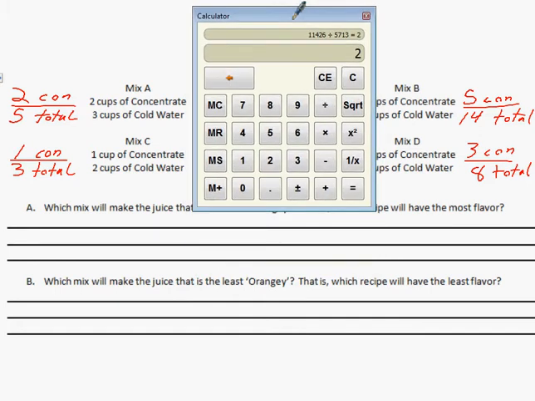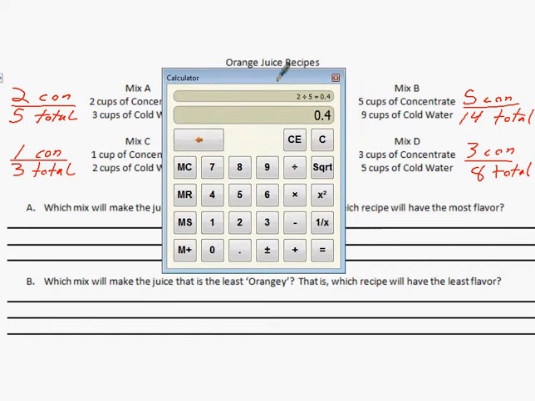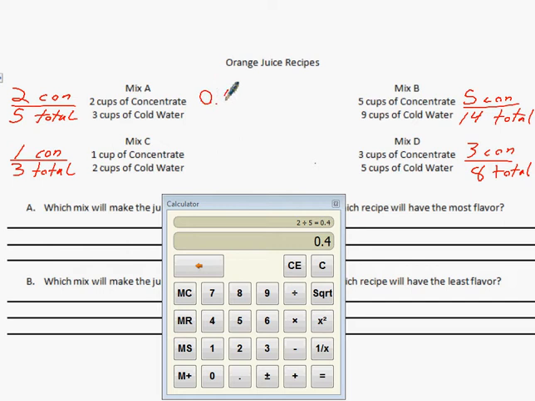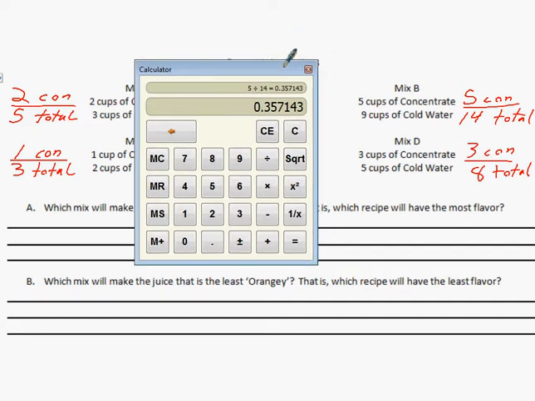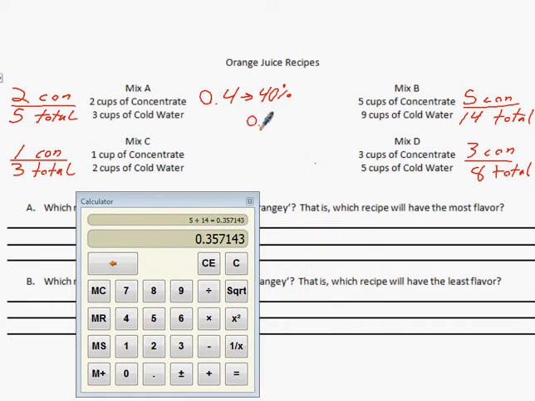Mix A, we have 2 over 5 turns into 0.4, which is 40%. Mix B, we have 5 divided by 14 equals 0.357, which is 35.7%.